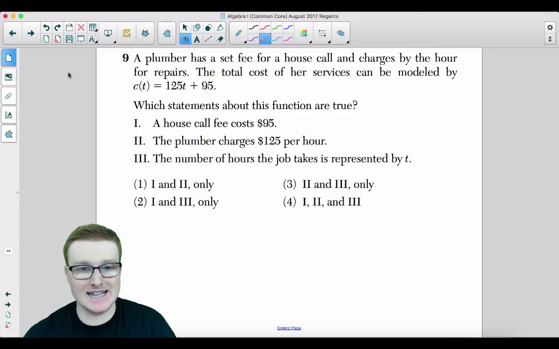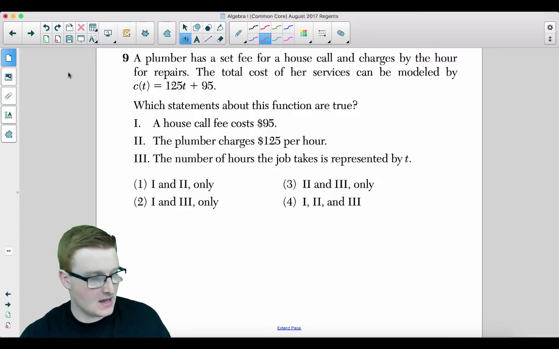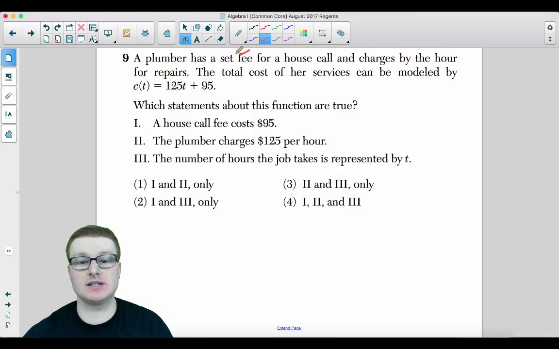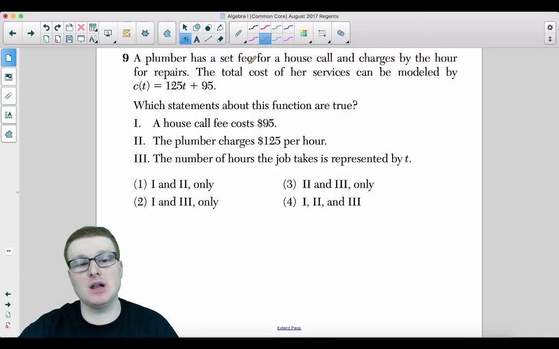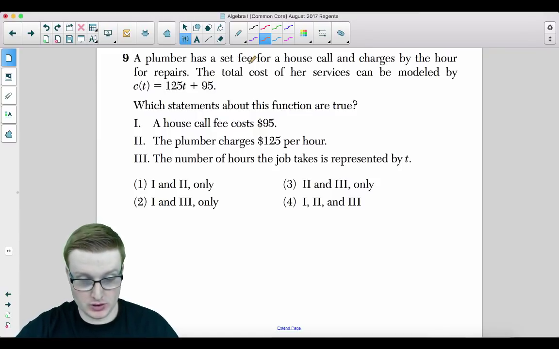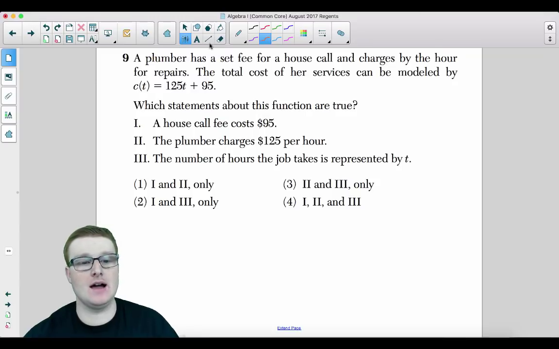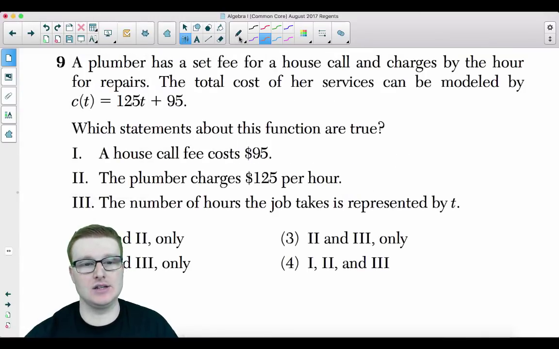A plumber has a set fee for a house call and charges by the hour for repairs. The total cost of her services can be modeled by C of t equals 125t plus 95. Which statements about this function are true? So, let's take a look and analyze this equation. It says she has a set fee for a house call.